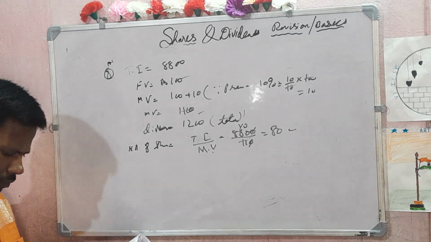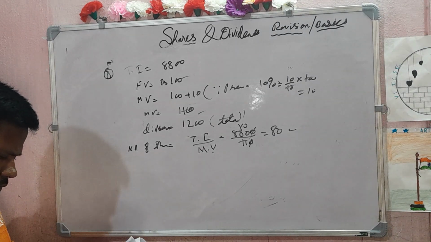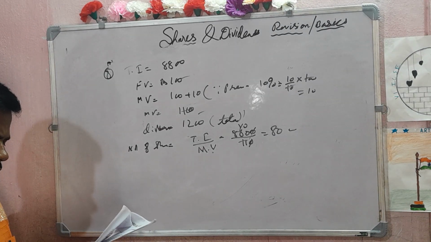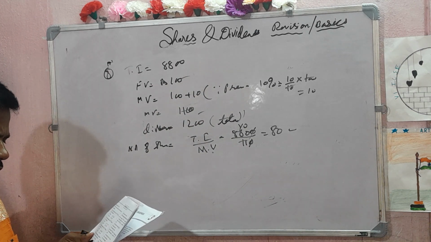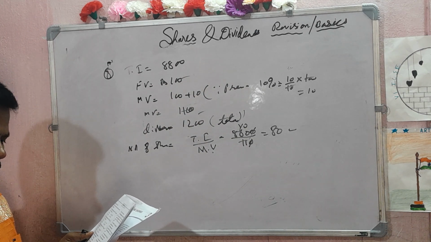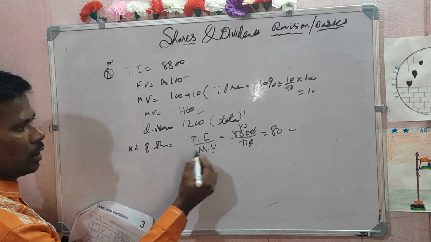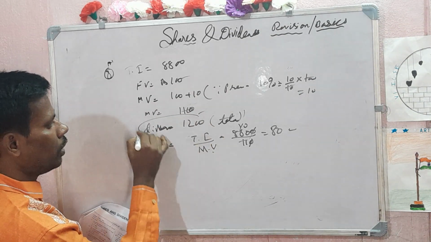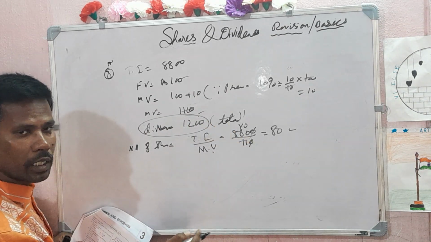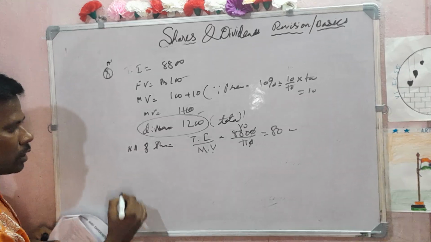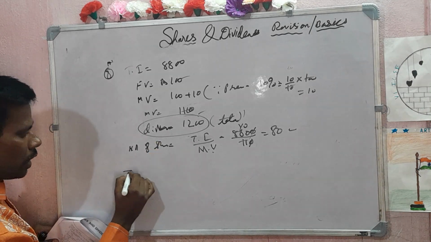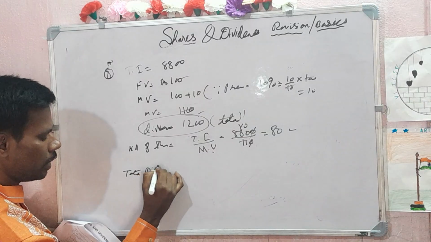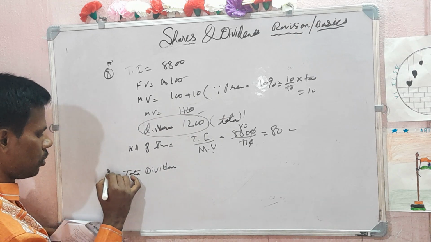Next one. He used the words: he earns 1,200 at the end of the year, that means total dividend. Very important, children, please make a note of it.